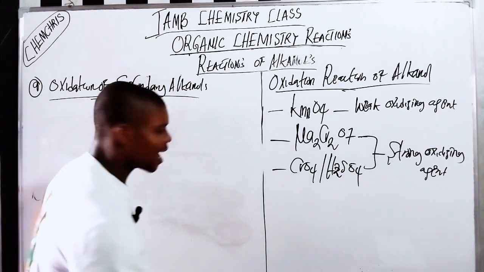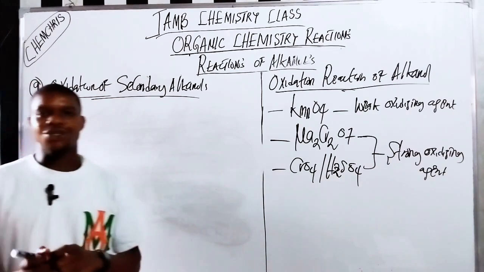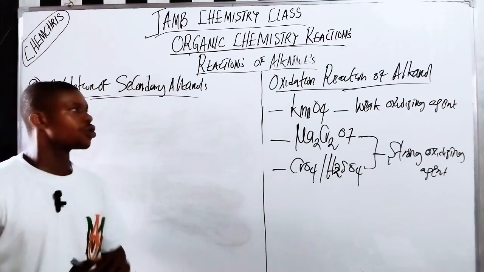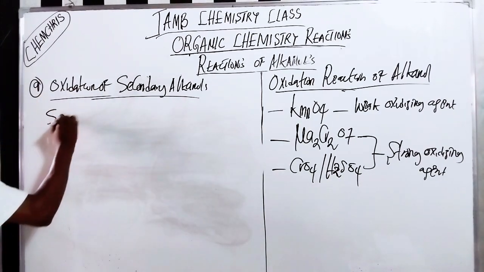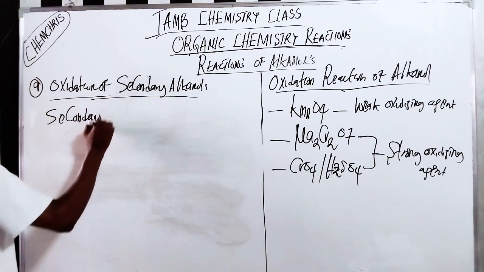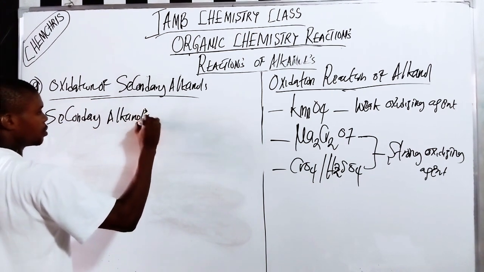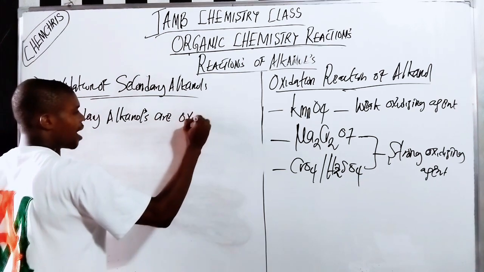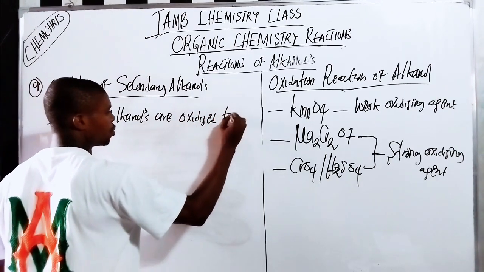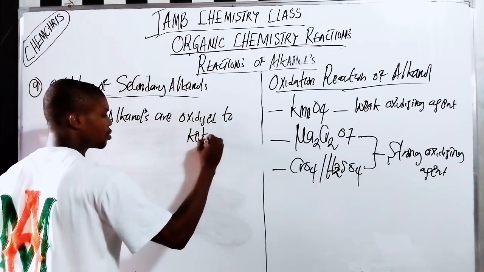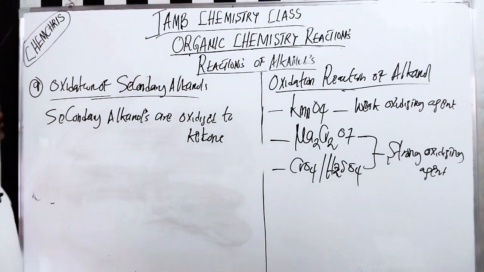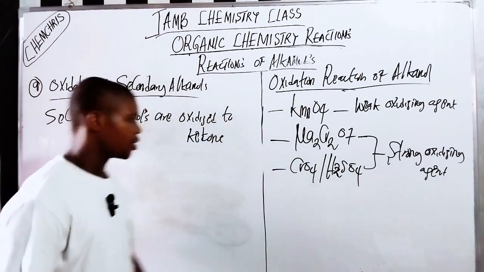Now, secondary alcohol can be oxidized to ketones. So secondary alkanols are oxidized to ketones. Finish. So you can use any of these oxidizing agents.